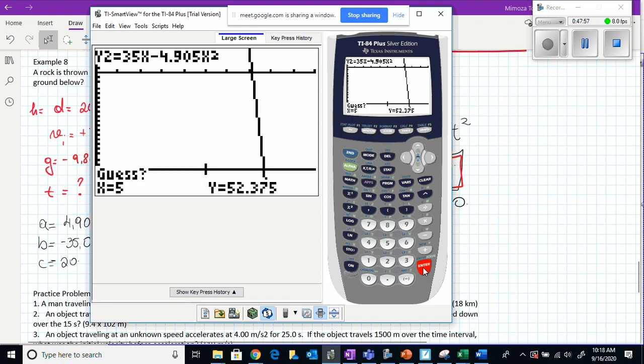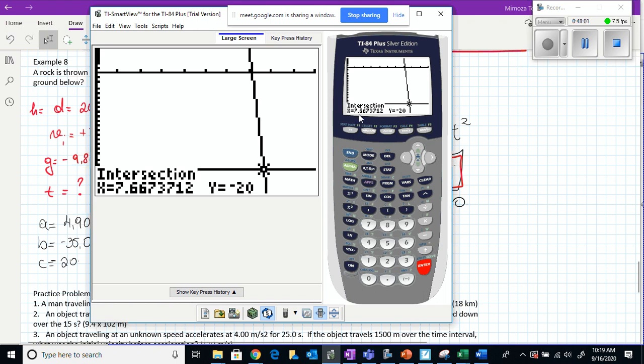And then for the guess, you don't have to guess, and it will tell you that the point of intersection is x, which is our time, 7.667, whatever, and y is negative 20, which is the distance, so that we are finding the time that the object reaches.